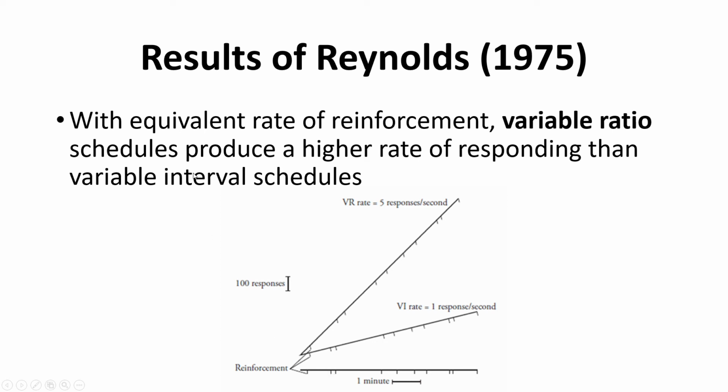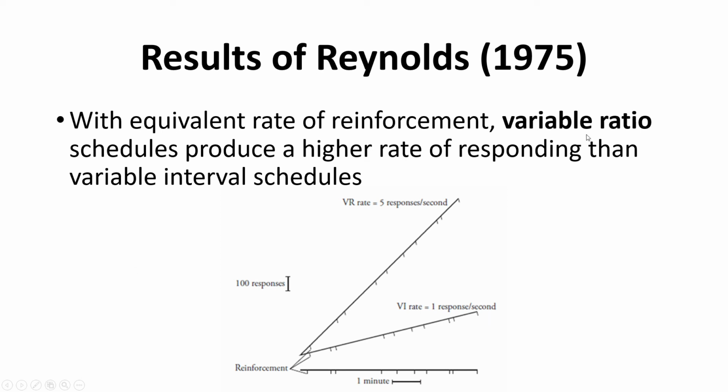So with that equivalent rate of reinforcement, we actually see that our variable ratio schedule produces much higher rates of responding. This bird is responding much more quickly, and our variable interval bird is responding much less quickly. Here we see 5 responses per second, versus for the variable interval bird, a response of about 1 per second.